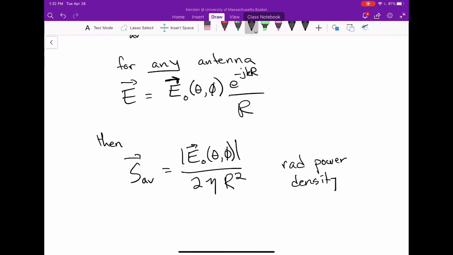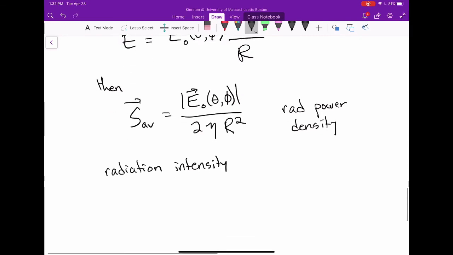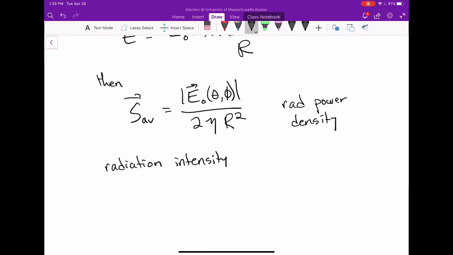But if it's so easy to separate out the distance dependence from the angle dependence of an antenna, it's also useful to talk about the radiation intensity. So we define the radiation intensity to be r squared times the magnitude of the Poynting vector.